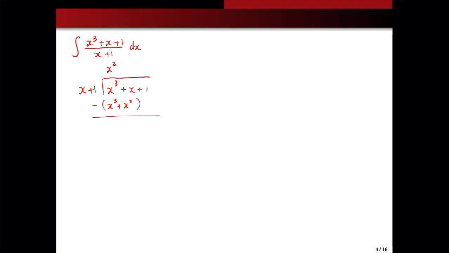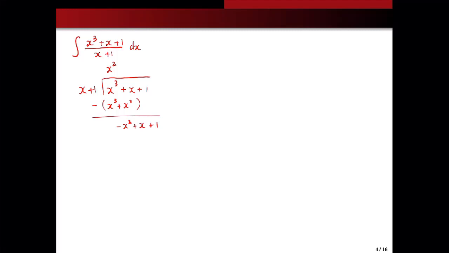When you subtract, you have x cubed minus x cubed, that's just 0. There is no x squared term in here, so it's 0 minus x squared, which gives negative x squared. And then you have your x minus 0. So basically, you just bring this down as well as this constant here.